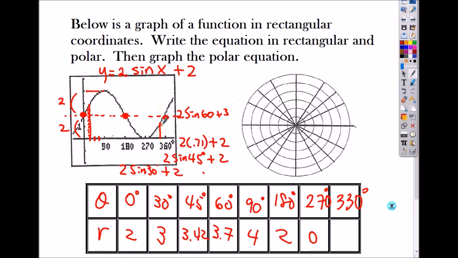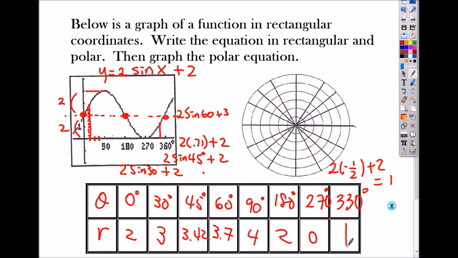So what would that be? At 330, sine of 330 is -1/2. -1/2 times 2 plus 2, so you get 1. Let's see whether this will give us a general shape.